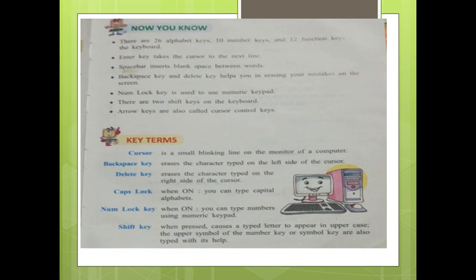Caps lock, when on, you can type capital alphabets. Number lock key, when on, you can type numbers using the numerical keypad. Shift key, when pressed, causes a typed letter to appear in uppercase. The upper symbol of the number key or symbol key is also typed with its help.